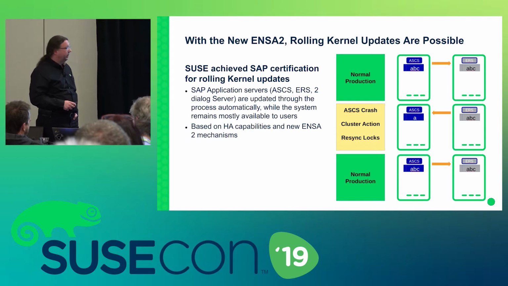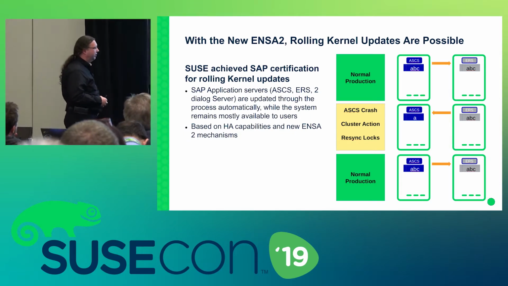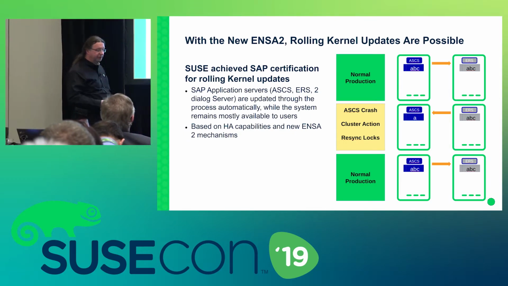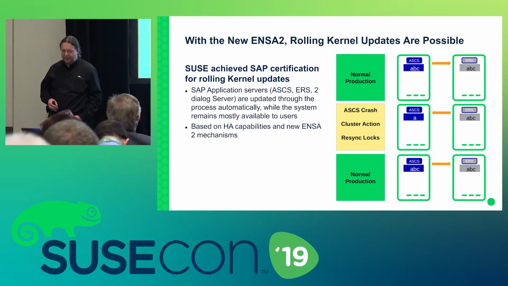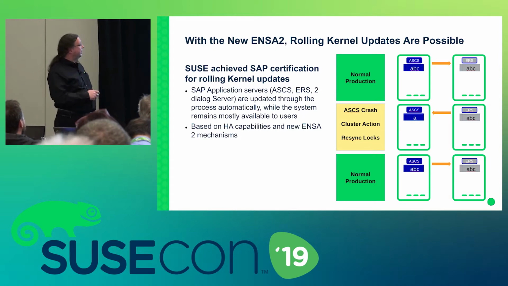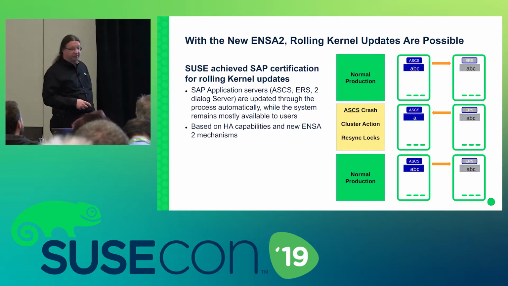And what we just achieved certification on and what became possible with a new high availability API that SAP introduced called Enza 2 is basically a rolling kernel update for SAP.